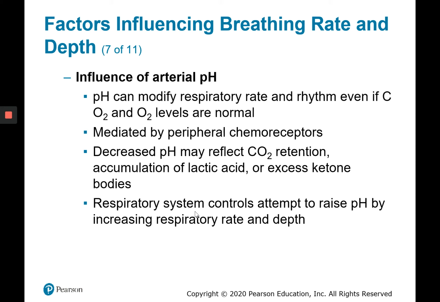The respiratory system would pick up on these changes in pH, then attempt to control that pH by increasing or decreasing respiratory rate and depth. In this example, decreased pH would be corrected by attempting to raise pH by increasing respiratory rate and depth.